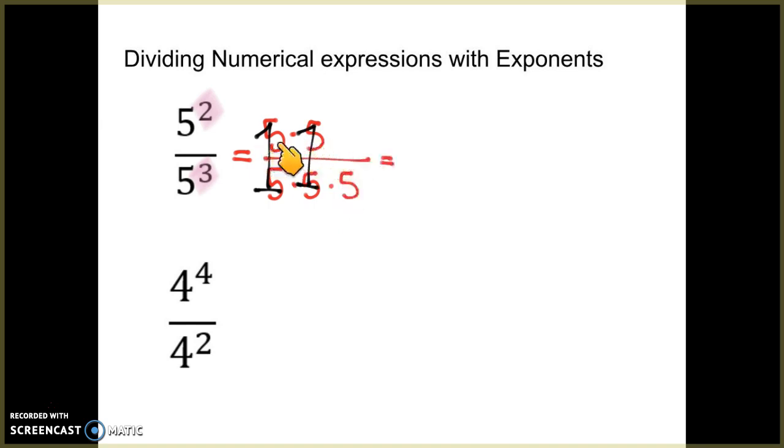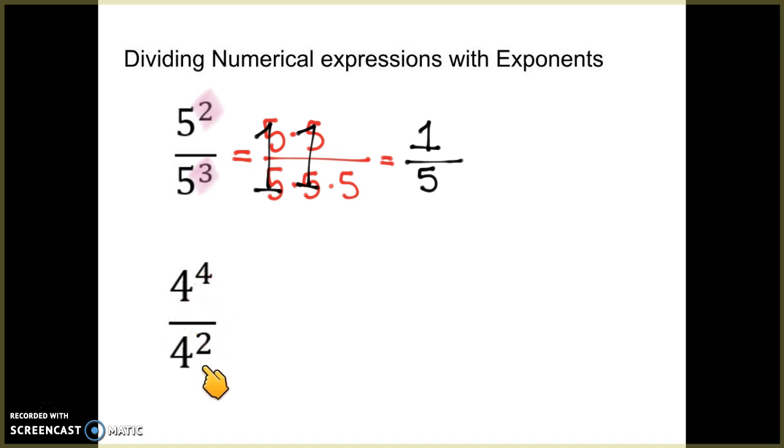Now all the 5s in the numerator have canceled out, which means I only have 1 left in the numerator, but I have a single 5 in the denominator, and that's how we get 1/5 in the calculator. So we can still utilize the concept of expanding this out like we did with multiplying the monomials, but now that we're expanding, we're going to look at what we can cancel out to help us get our final answer. Let's look at another example.